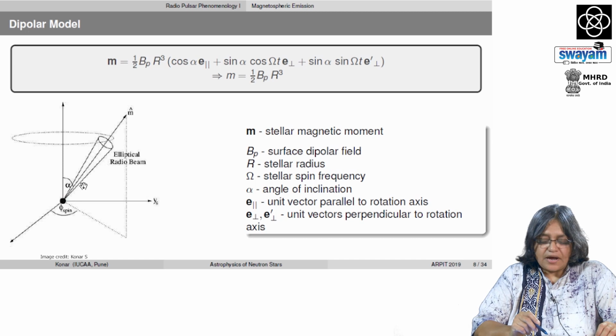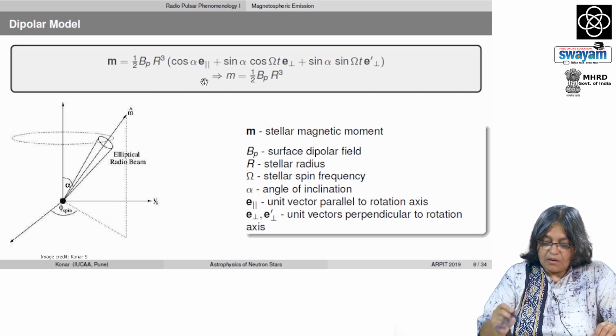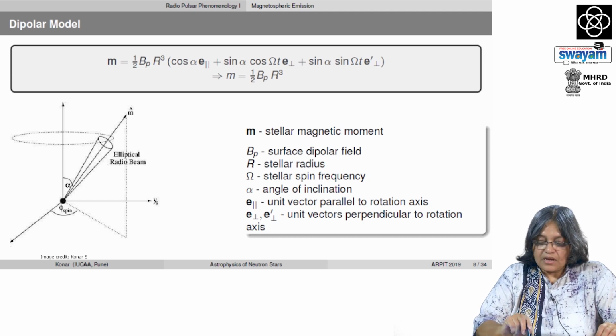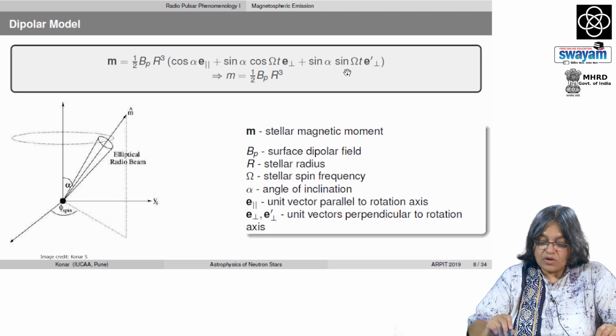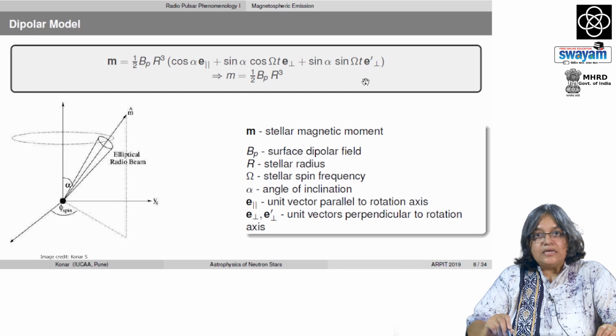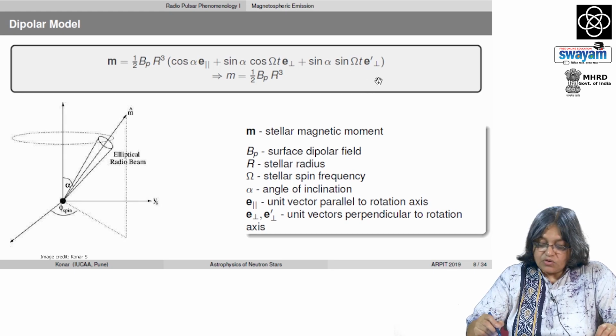Now, given that, we could write the magnetic moment by this formula, m equal to half B_p r cubed multiplied by cos alpha, and unit vector parallel to the rotation axis, plus sin alpha cos omega t e perpendicular, plus sin alpha sin omega t e prime perpendicular, where omega is the spin frequency of the neutron star, and e perpendicular and e prime perpendicular are two unit vectors perpendicular to the rotation axis.